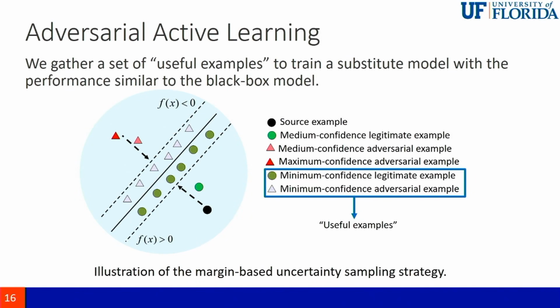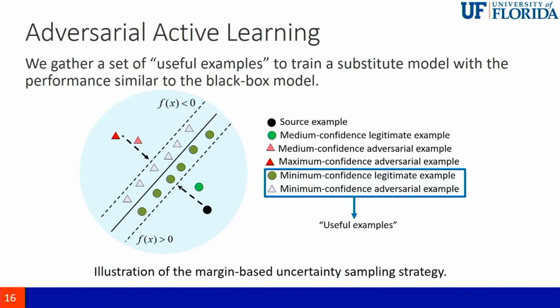So we notice that if an adversary example has very low confidence, then it is likely close to the boundary. That's why the classification would give you very low confidence. So we don't need to generate all these examples, we only generate low confidence examples so that we can quickly recover the boundary. Eventually, what we want to recover is the boundary because the boundary defines the model.